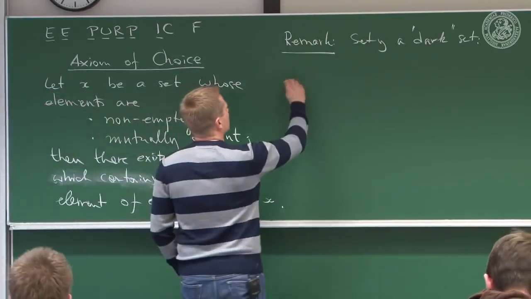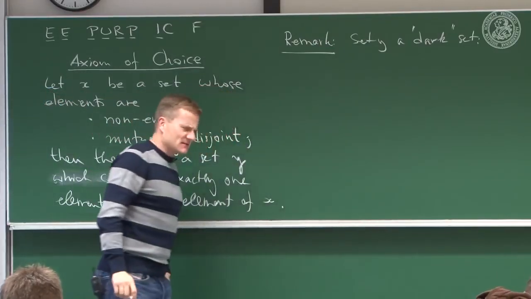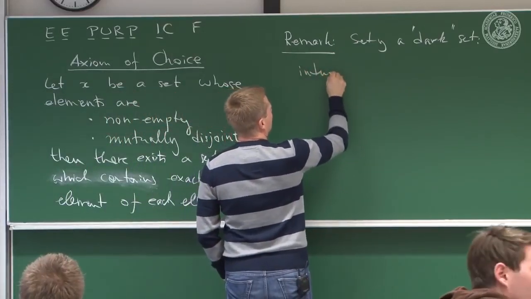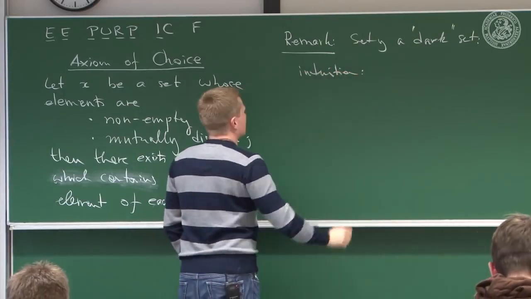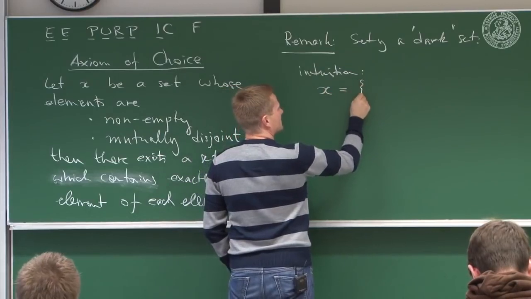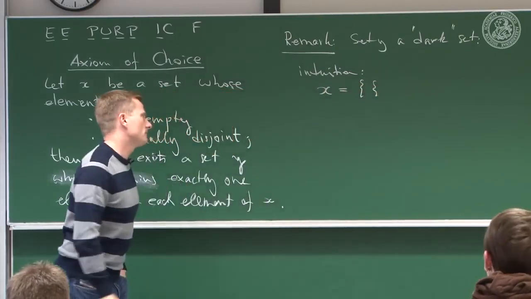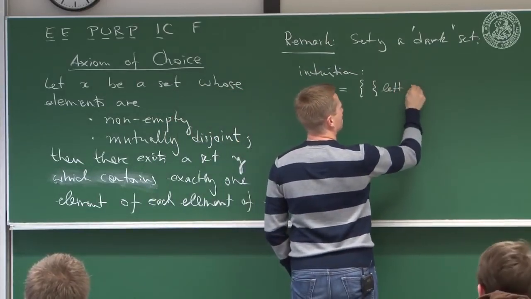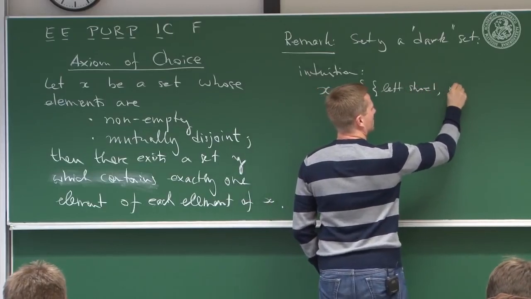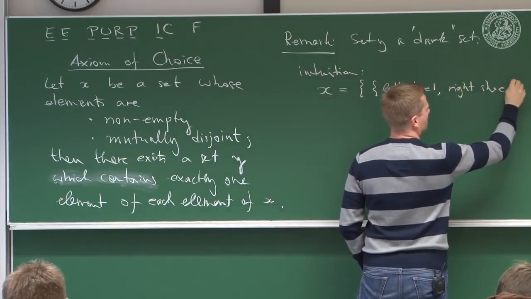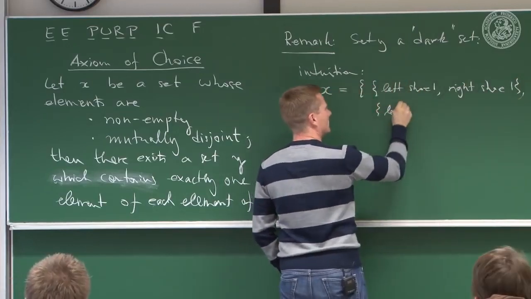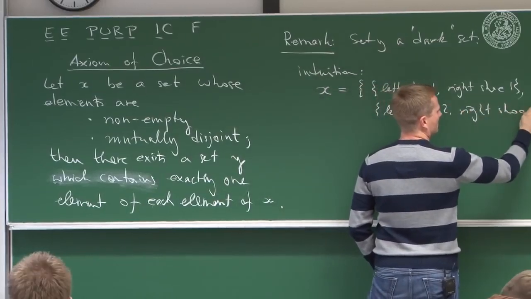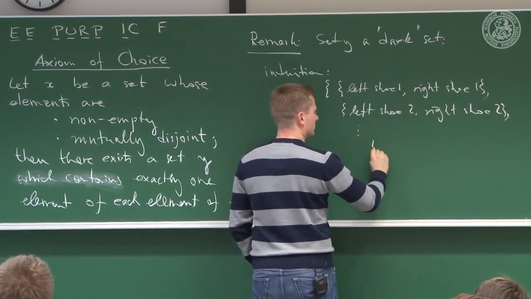And so there's this nice intuition about it, I think it's by Russell. If your set X consists of sets that consist of pairs of shoes, okay? So left shoe 1, right shoe 1, comma, left shoe 2, right shoe 2, and so on.